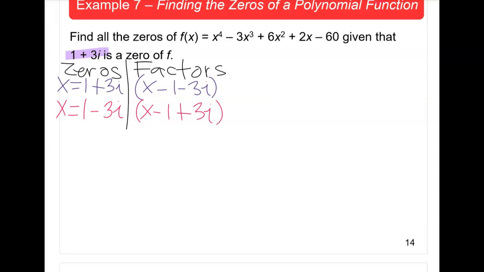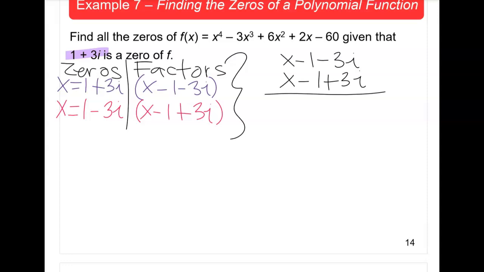Now let's go ahead and multiply those two. I want to show you how you could also do a vertical multiplication. So we could take this positive 3i and multiply it by negative 3i, so we will get negative 9i squared. Then positive 3i times this negative 1, and we will get negative 3i.